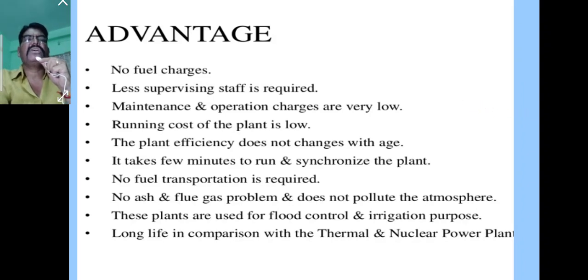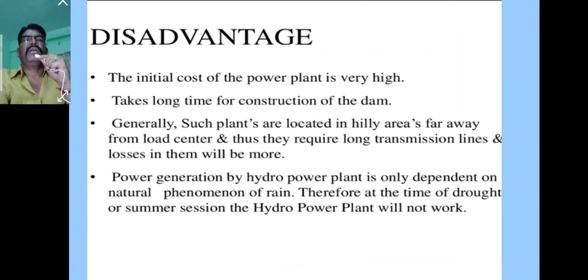These are the advantages. There are some disadvantages also for this plant. The initial cost of the power plant is very high, and it takes a long time for construction of the dam. Generally, such plants are located in hilly areas far away from the load center, and thus they require long transmission lines and losses in them will be more.